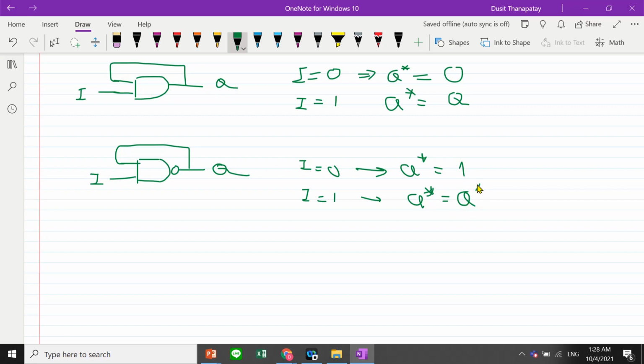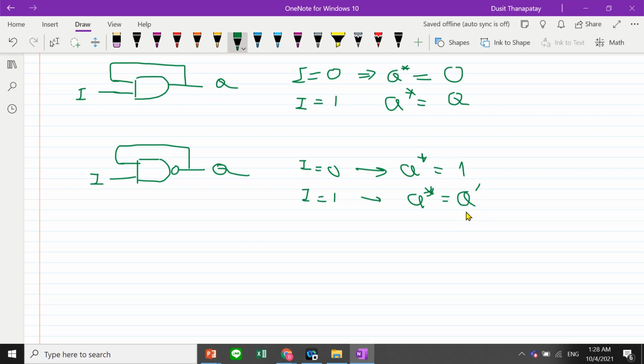So note that in this case, the value of Q can be 0 or 1, based on the previous value of Q. And for this one, the output Q star, the next value of Q, also depends on the previous value of Q, but it is opposite.